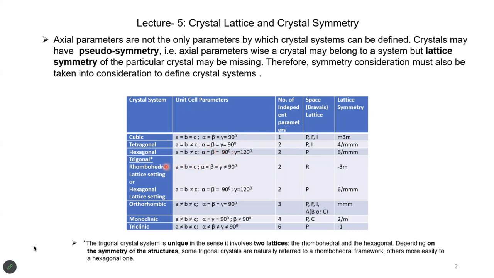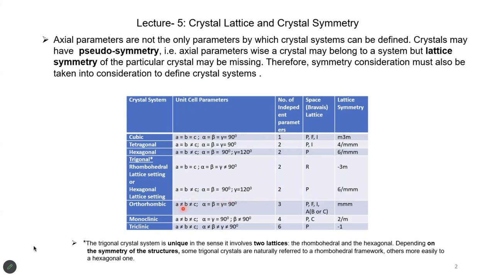If we go for rhombohedral, we get one independent cell parameter, a, and another one is gamma, which is not equal to 90 degrees. So this is another independent parameter. Therefore, rhombohedral has two independent cell parameters. Hexagonal has two independent cell parameters.